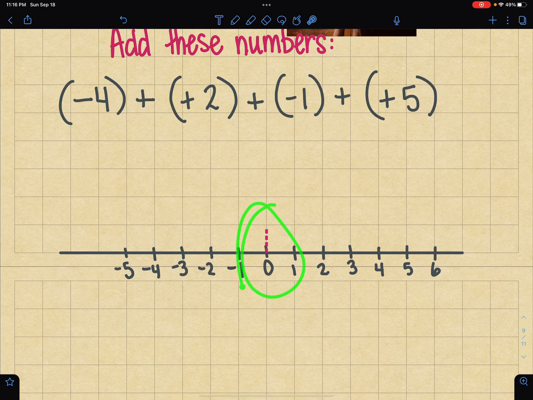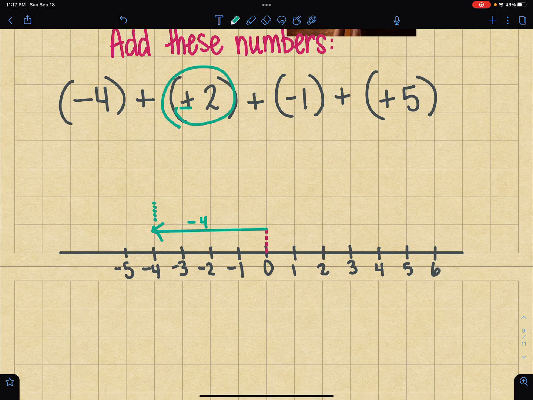Of course, we're going to start at the origin again. We go up from 0, and let's start with -4. Let me get a color I can see. So 1, 2, 3, 4 to the left. So I'm going to go -4. Now I'm going to go up from there, and I'm going to add the next number, which is +2. So I'm going to go 2 to the right. 1, 2. Okay, that's +2 right there. And then they want us to add a -1.